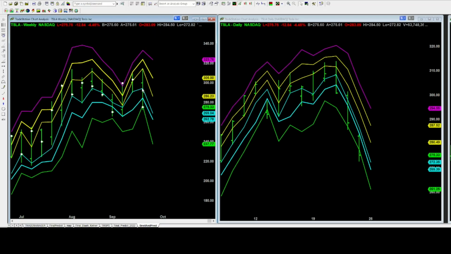When it dropped to this trend line, it couldn't hold the stock price and continued to drop to this trend line, and that didn't hold either, so it dropped to another trend line.